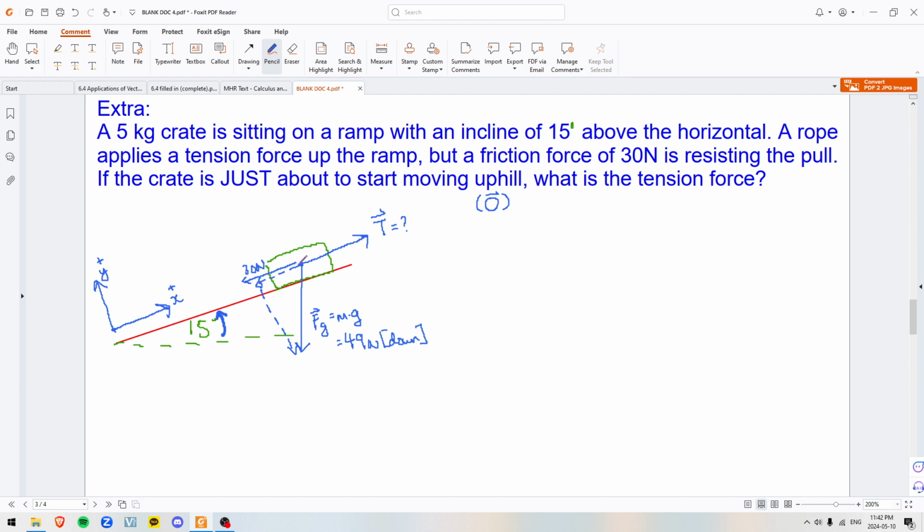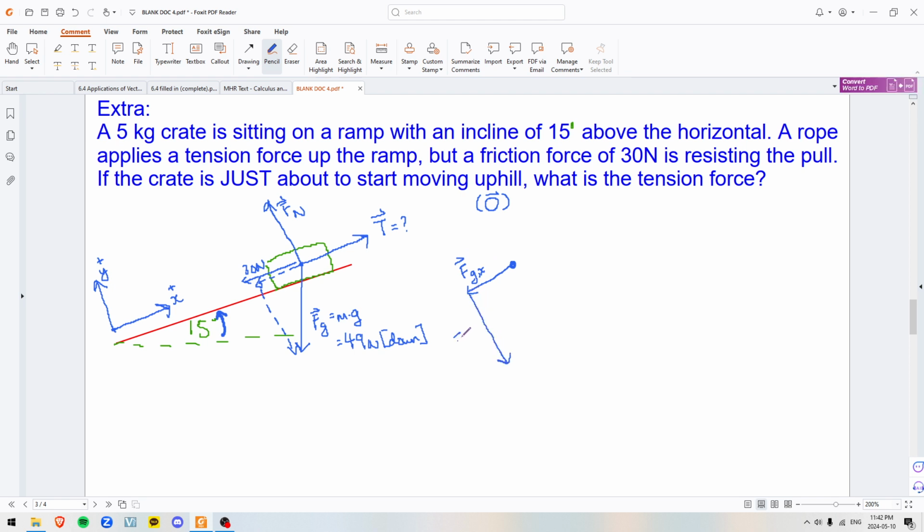And because I see something going left, I'm assuming the 0 vector is caused by the tension pulling right, which leaves me with this vector not balanced. That down vector perpendicularly going into the ramp will be balanced by a normal force pushing up perpendicularly so that it is just sitting there at rest. If I were to turn this into a vector diagram, I would have something like, let's see, the force of gravity, but the x component this way.